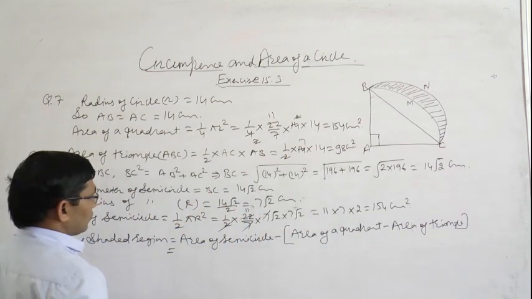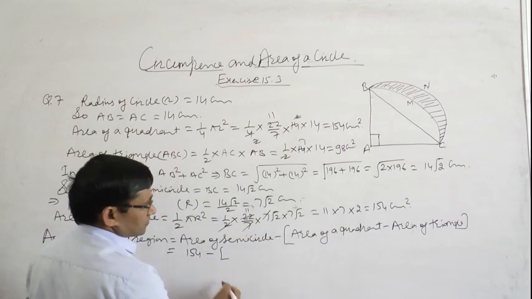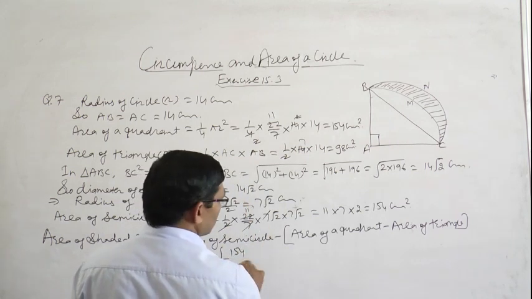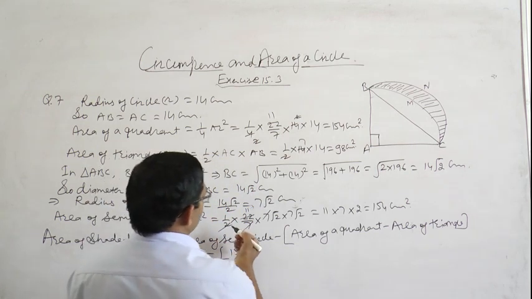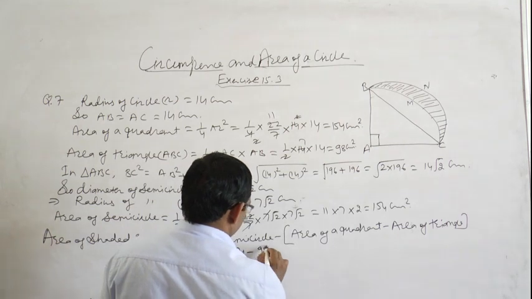Area of shaded region is equal to area of semicircle, 154, minus area of quadrant, 154, minus area of triangle, 98 centimeter square.